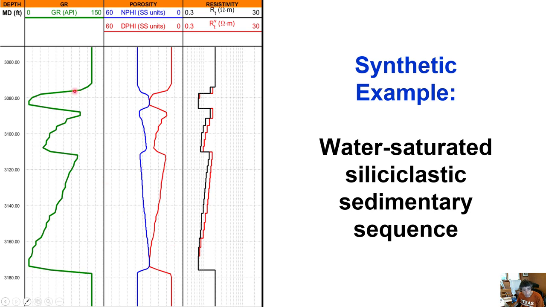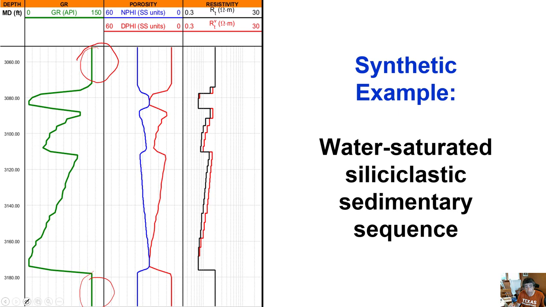But let's see at the gamma ray log, based on the gamma ray log, and also based on what we see in the neutron and density logs and the resistivity logs, we understand immediately that here we have a shale at the top. It's a pure shale. And then we have another pure shale at the bottom. That's what we see.